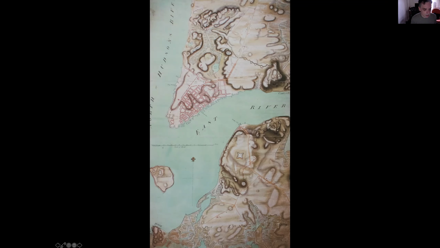you can see where it was because it's clearly shown on the Samuel Holland map. So the fire started in a tavern down here at the edge of the harbor. It was a windy night, as fate would have it. There's an account that I've read of a prisoner who was being held in a ship somewhere out here in the harbor.